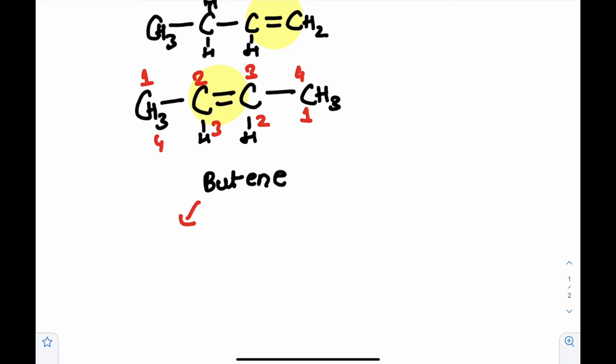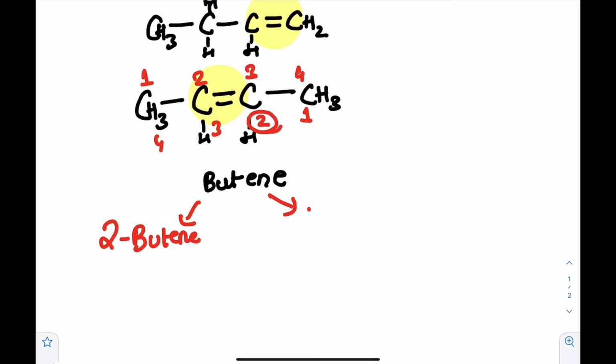We're going to give it the smallest number, so that's going to be number 2. And because the double bond is between the two carbons, you give it the lowest number. Makes sense? All right, so this is going to be 2-butene. Notice there's a hyphen when you have a number.